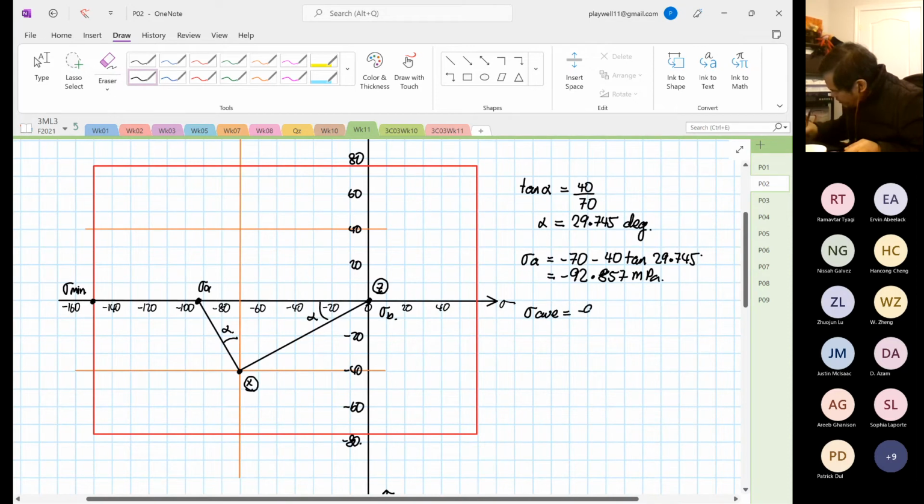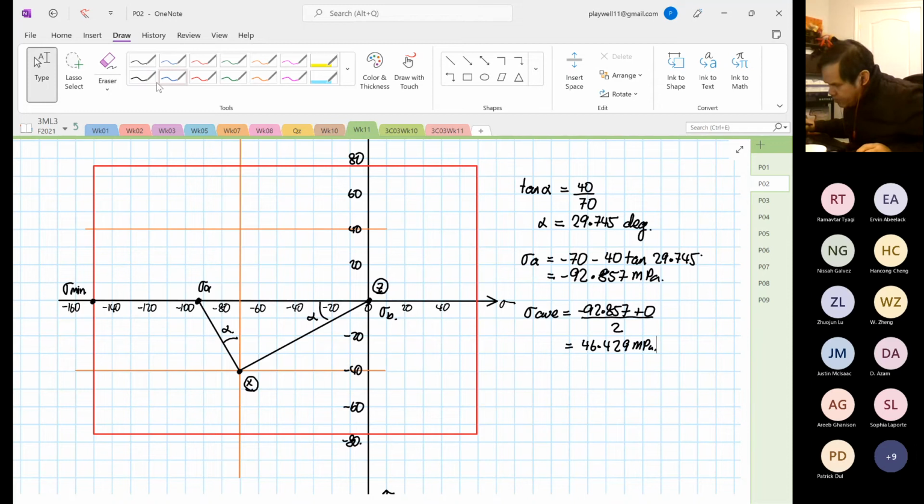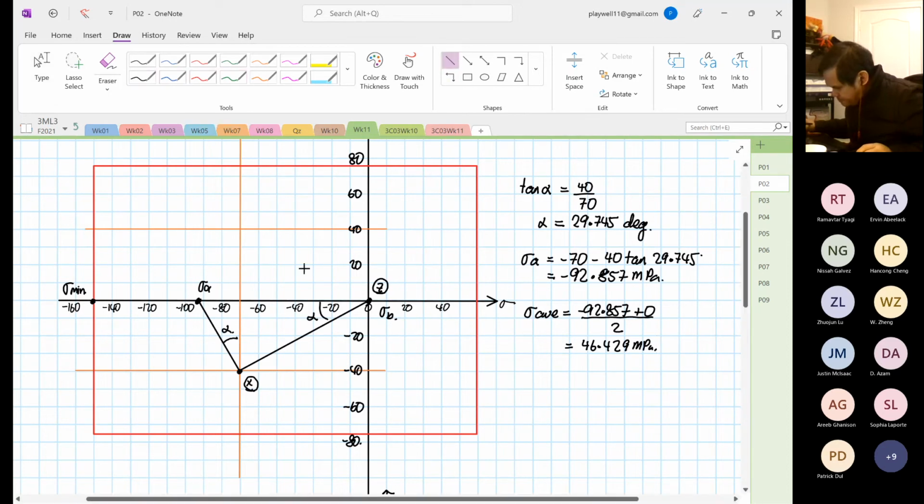Okay, so now we can calculate our average stress, which is equal to minus 92.857 plus 0, divided by 2. So it's 46.429 megapascal. Okay. So now we can draw the center of the circle. I'm just going to eyeball this approximately.